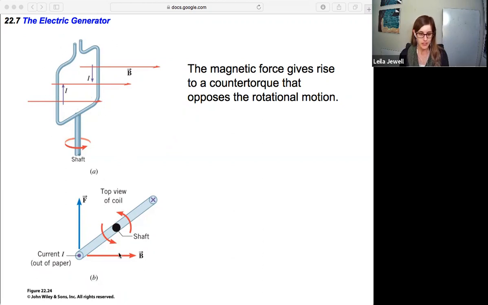And the top-down view is that as it's spinning in this counterclockwise direction, there's a force on the current that's opposing it that would create a torque acting against it. And we can quantify how much there is because that counter torque will produce its own back EMF, a resistance EMF.